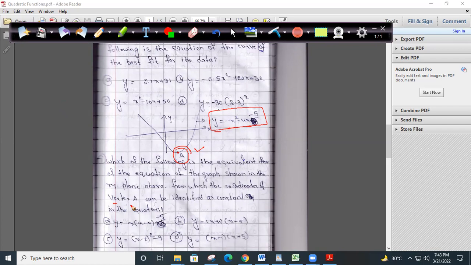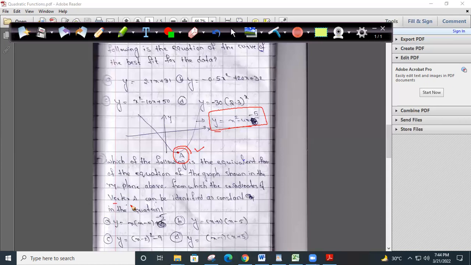Start. Everyone should type your answer.